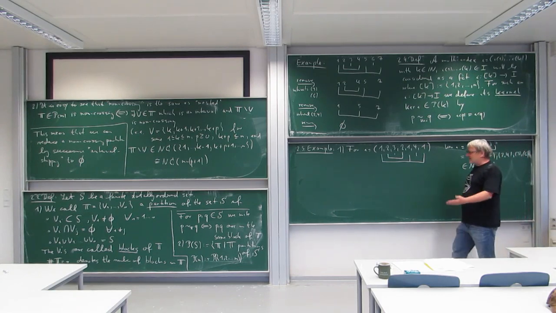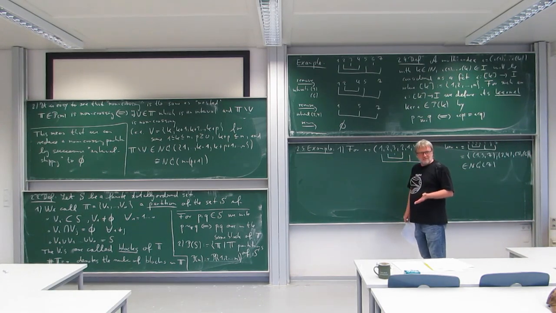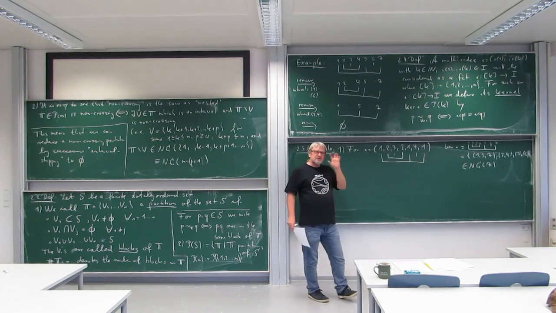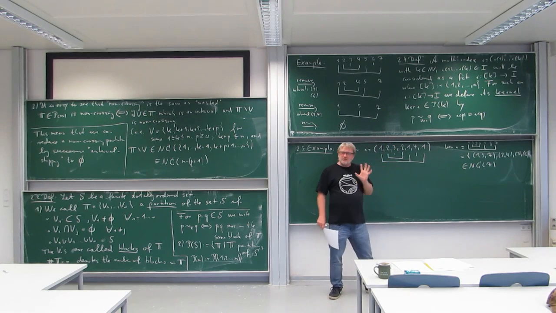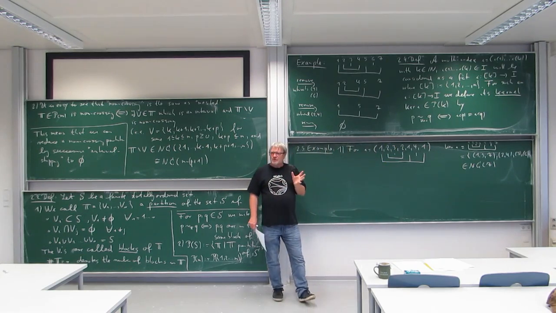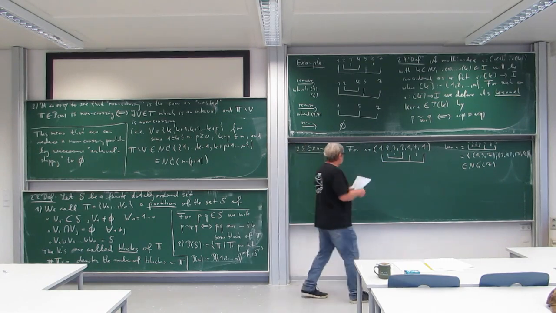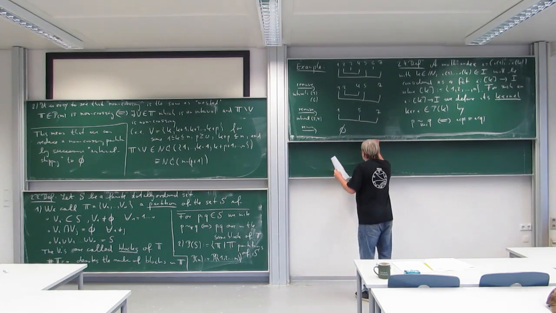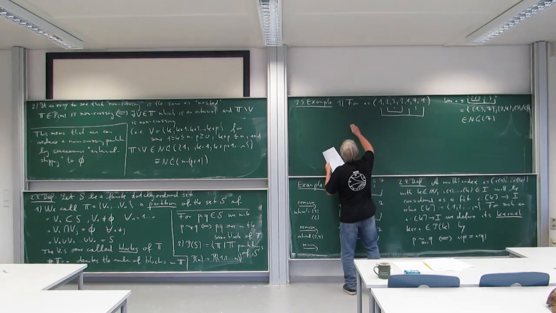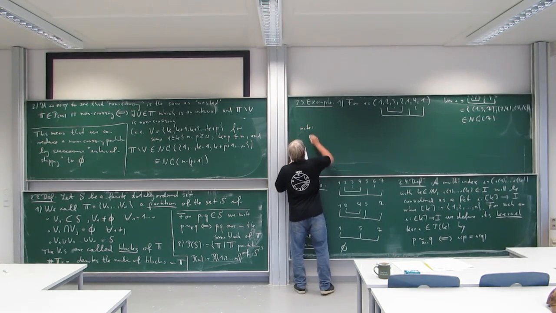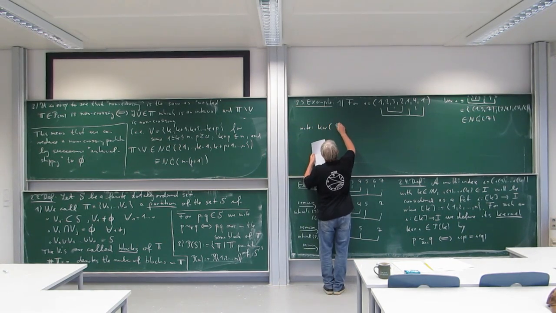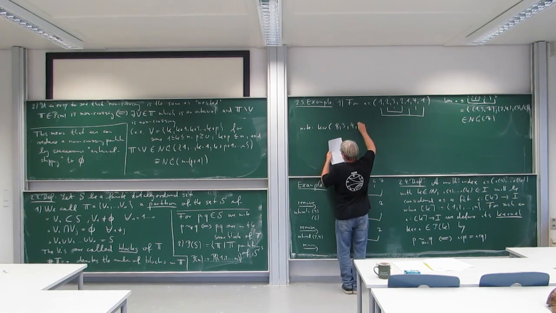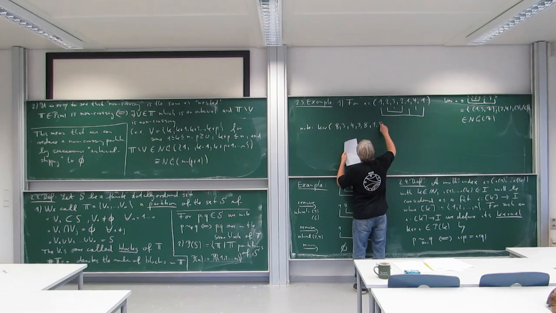And of course, there are many multi-indices which have the same kernel, because I'm recording only very specific information about this multi-index. This tells me exactly the algebra which appears at each position, but what is really relevant is just the information where the algebras are the same and where they are different. So, for example, take another multi-index which has the same kernel, let's say 8, 3, 4, 3, 8, 1, and 8.